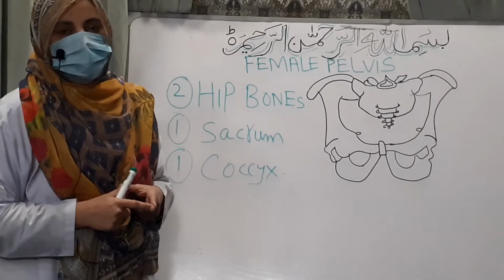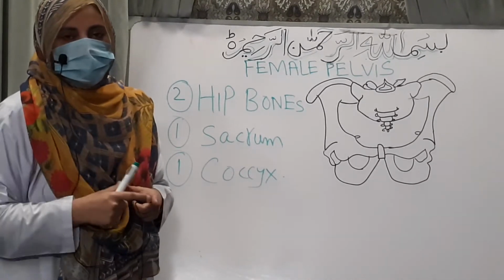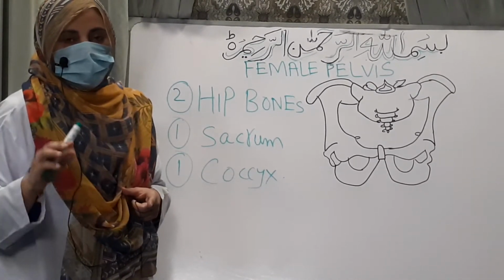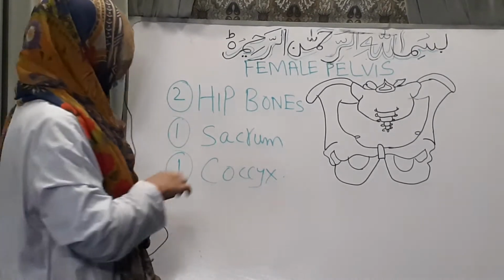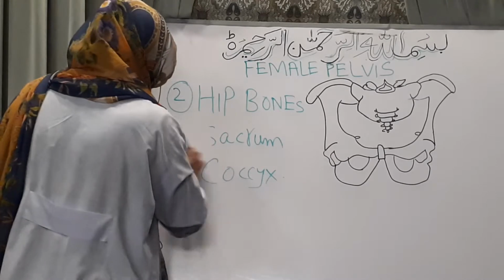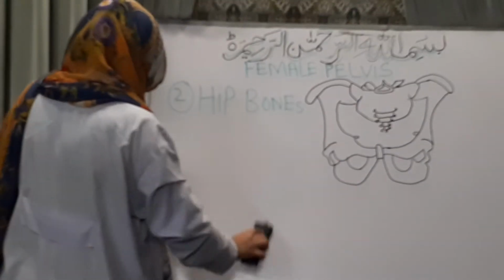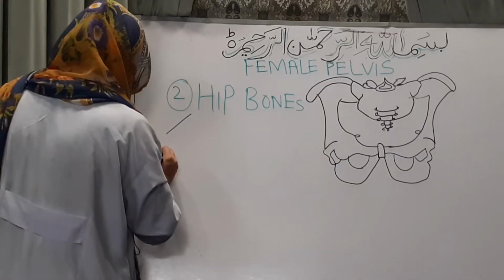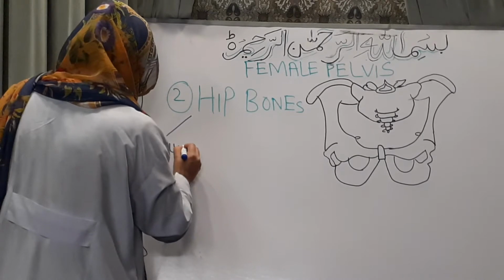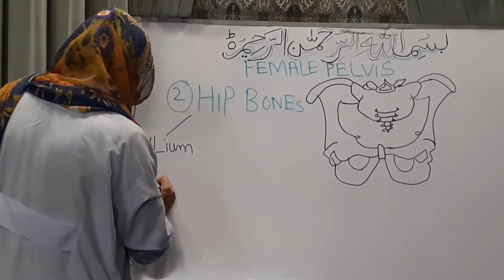Now I am going to tell you the further details of the hip bone. The hip bone consists of three parts. The first part is ilium. The other part is ischium.